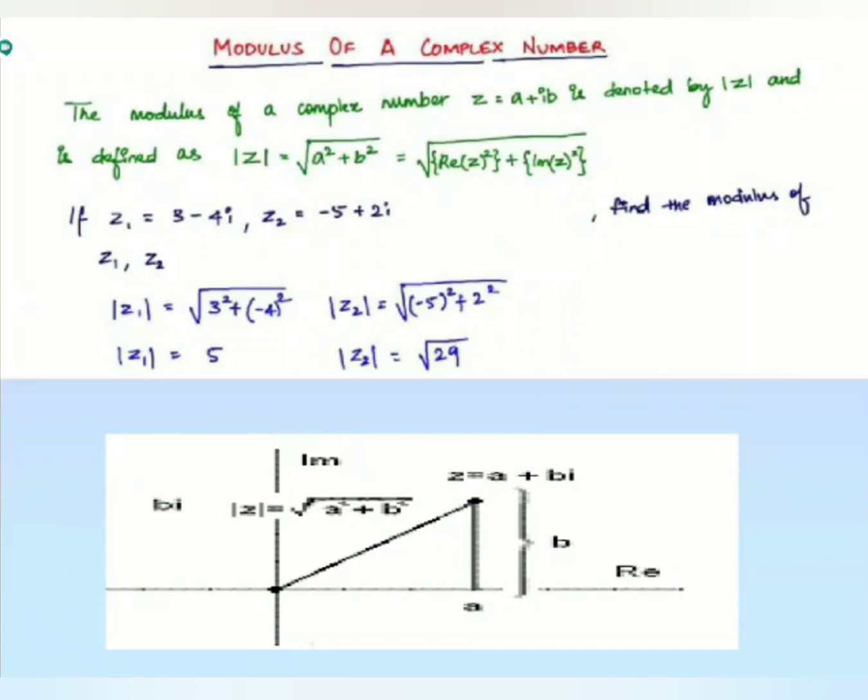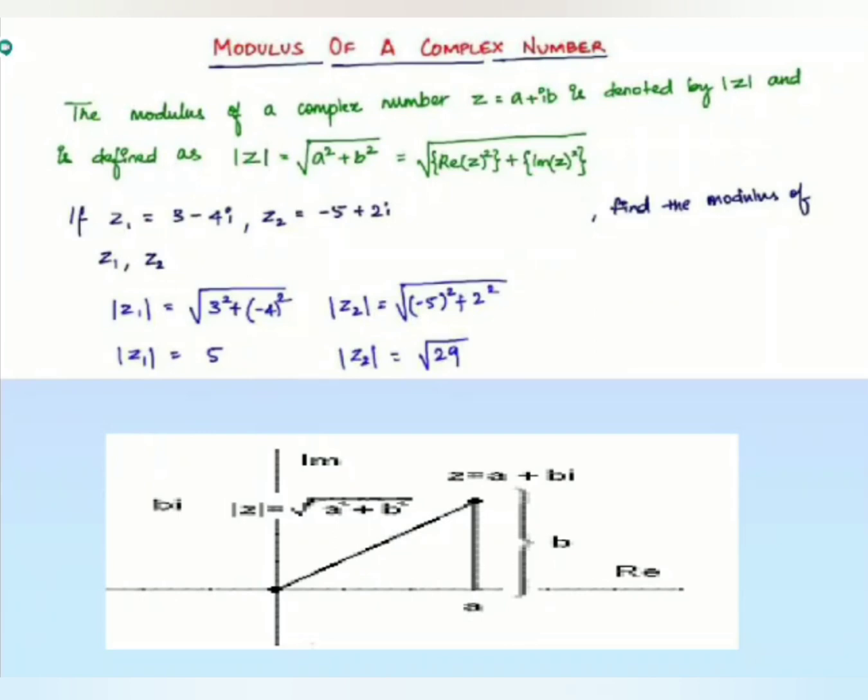Using the definition of modulus of z, we have mod z1 equal to root over 3 square plus (-4) whole square, equal to root over 25, equal to 5. Similarly, if z2 equal to -5 plus 2i, then the real part of z2 equal to -5 and the imaginary part of z2 equal to 2.